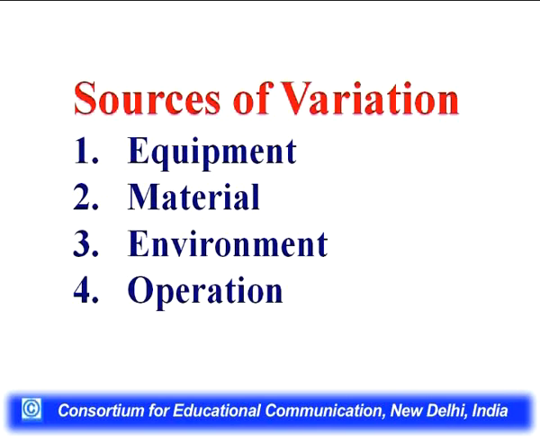Now we will talk about sources of variation. There are four sources of variation while manufacturing a product: equipment, material, environment, and operation. Equipment is the equipment which is manufacturing the product, and variations are created from the equipment itself, and these variations are called equipment generated variations.